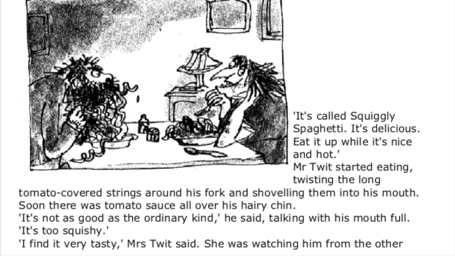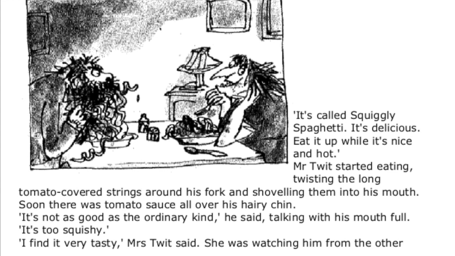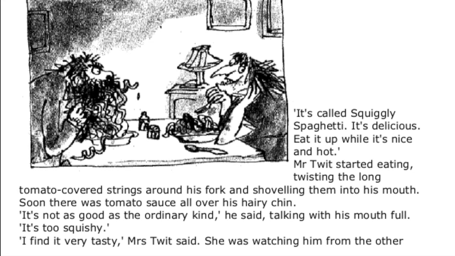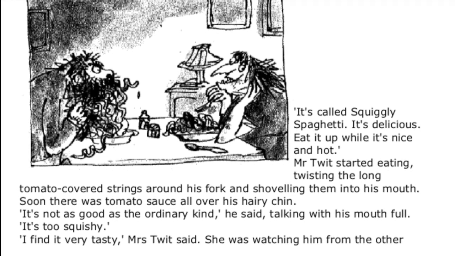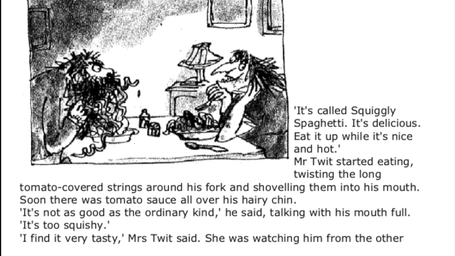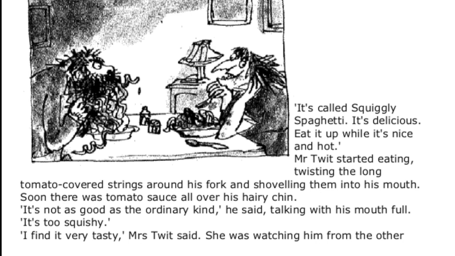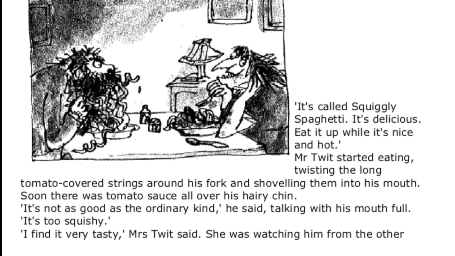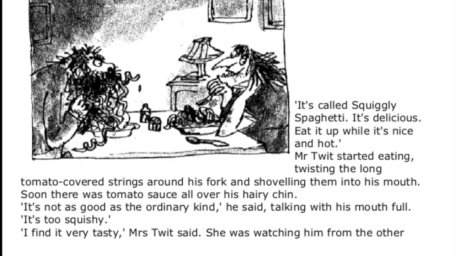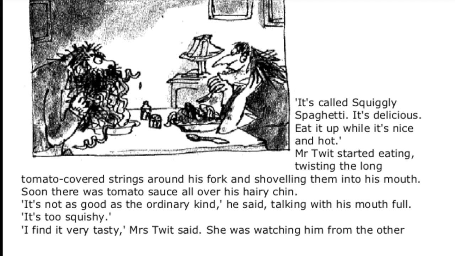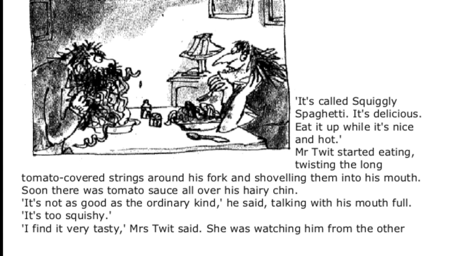It's delicious. Eat it up while it's nice and hot." Mr. Twit started eating, twisting the long tomato-covered strings around his fork and shoveling them into his mouth. Soon there was tomato sauce all over his hairy chin.